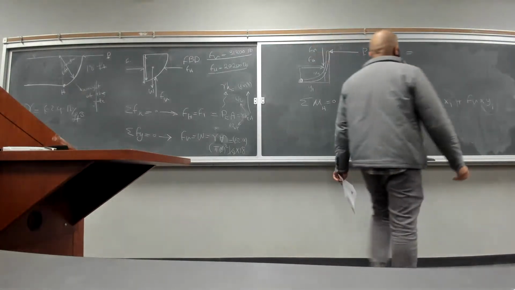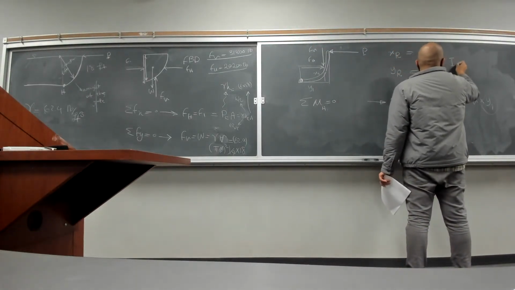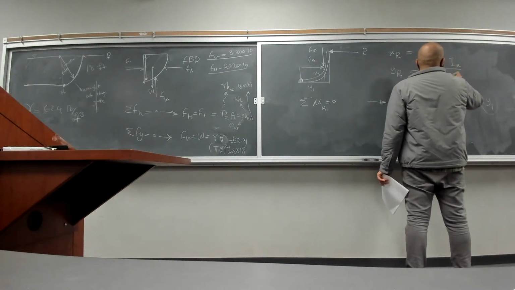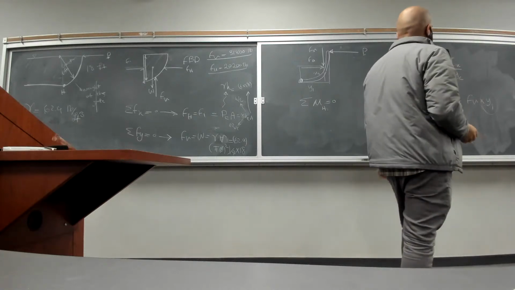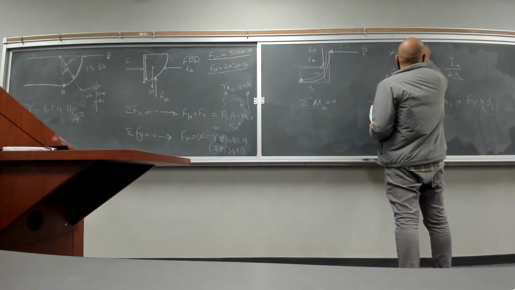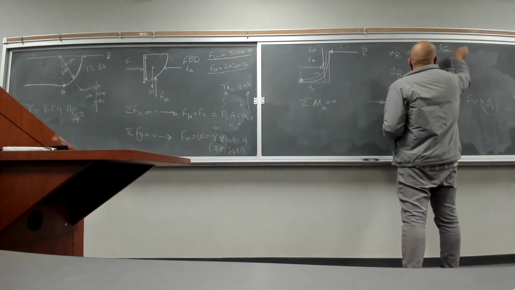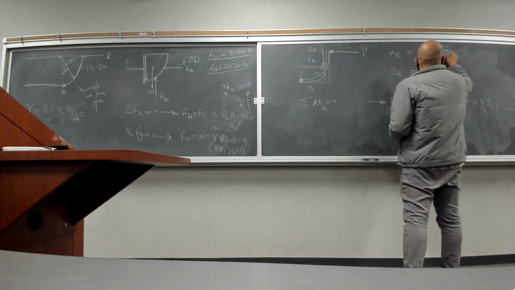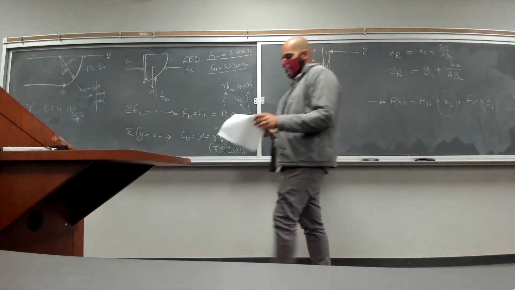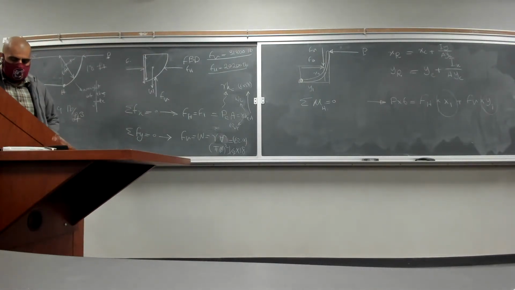as y of c plus I, the moment of inertia, divided by A multiplied by y of c. That was 1. And the other one was x of c plus I of xy divided by A multiplied by y of c. Okay, x of c here is 0.